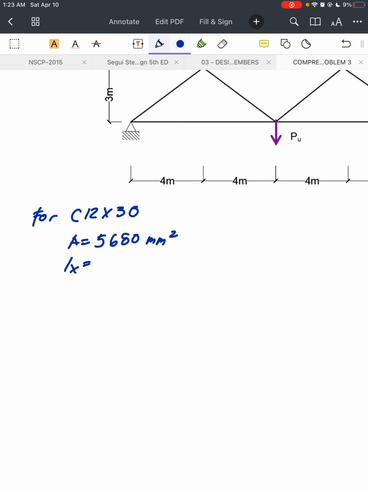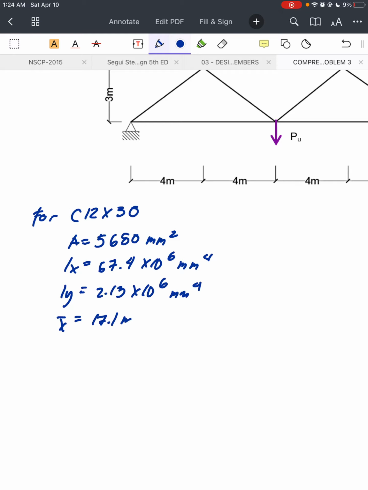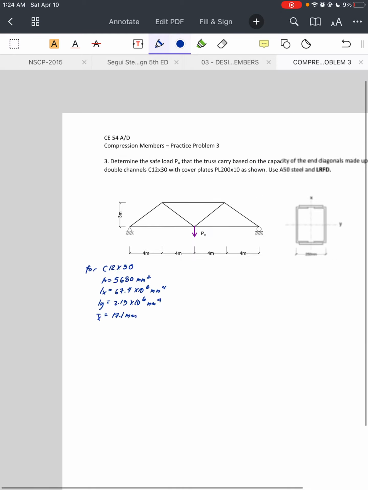Moment of inertia along X is 67.4 times 10 to the power of 6 millimeter to the fourth power. Iy is 2.13 times 10 to the power of 6 mm to the fourth. And your centroid along X is 70.1 millimeter.